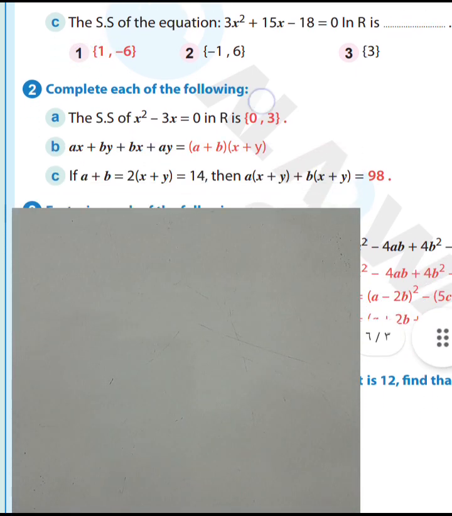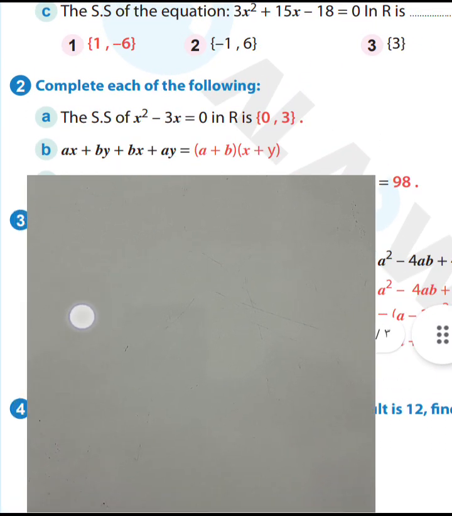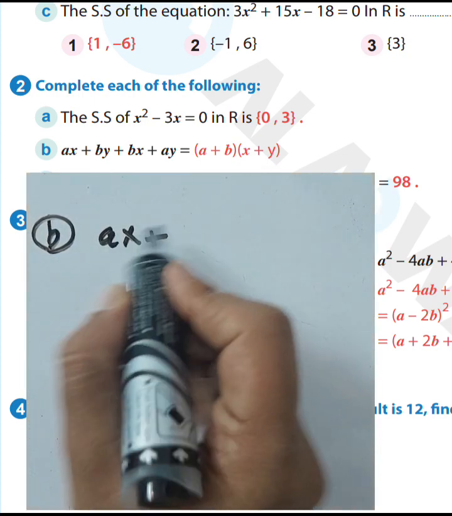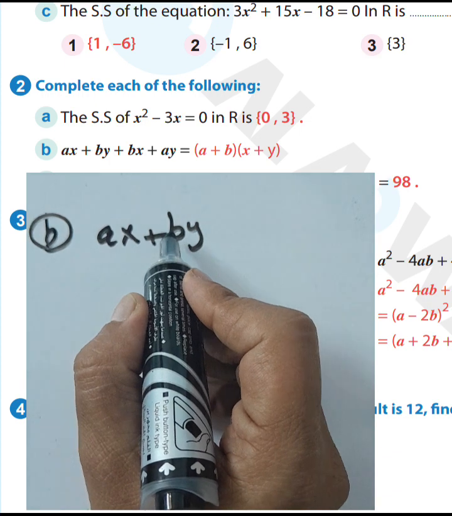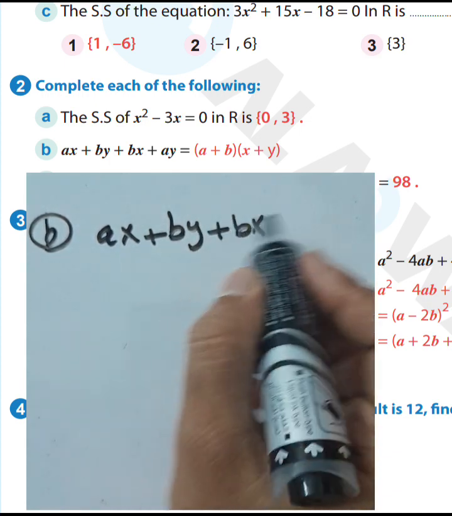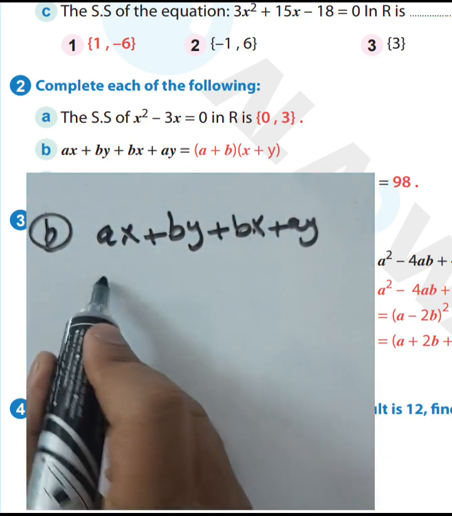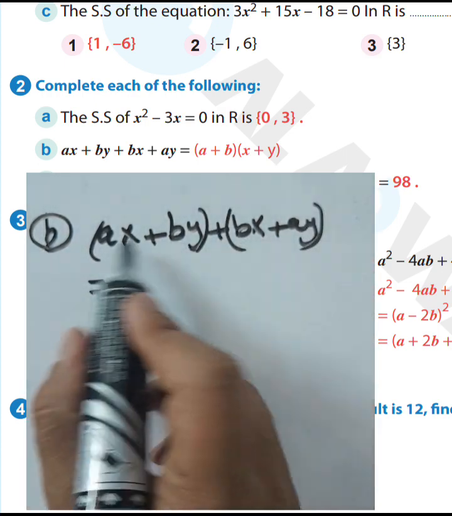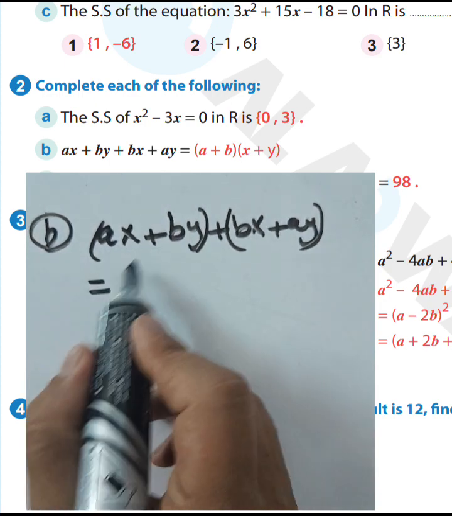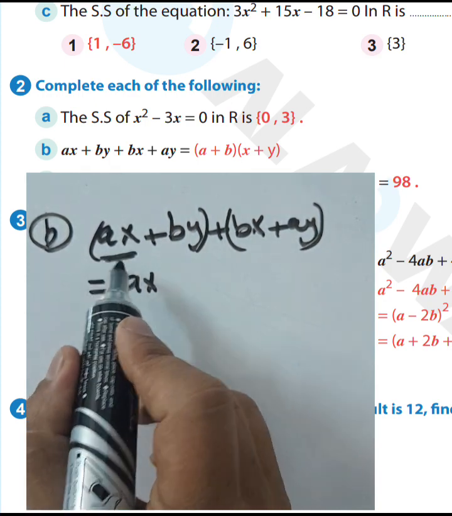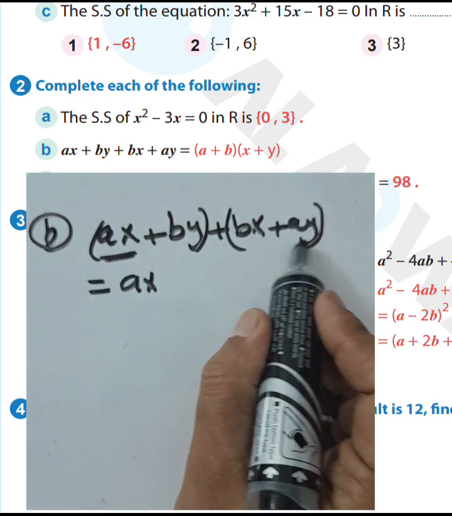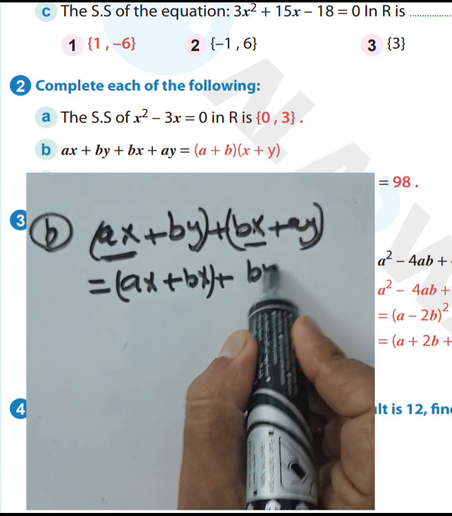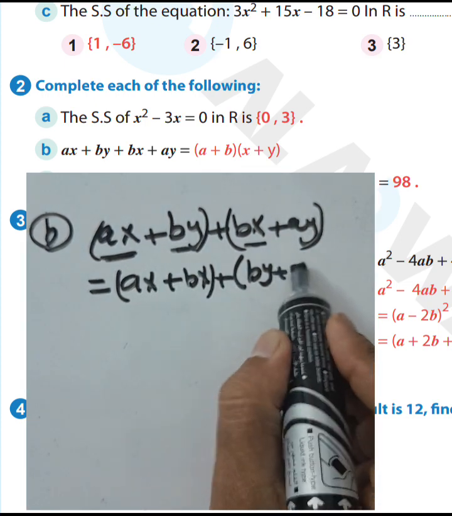Question letter B. Factorize this expression: ax plus by plus bx plus ay. We write the highest common factor between two terms. Here ax and bx are similar, so we group ax plus bx in brackets, and write by plus ay.